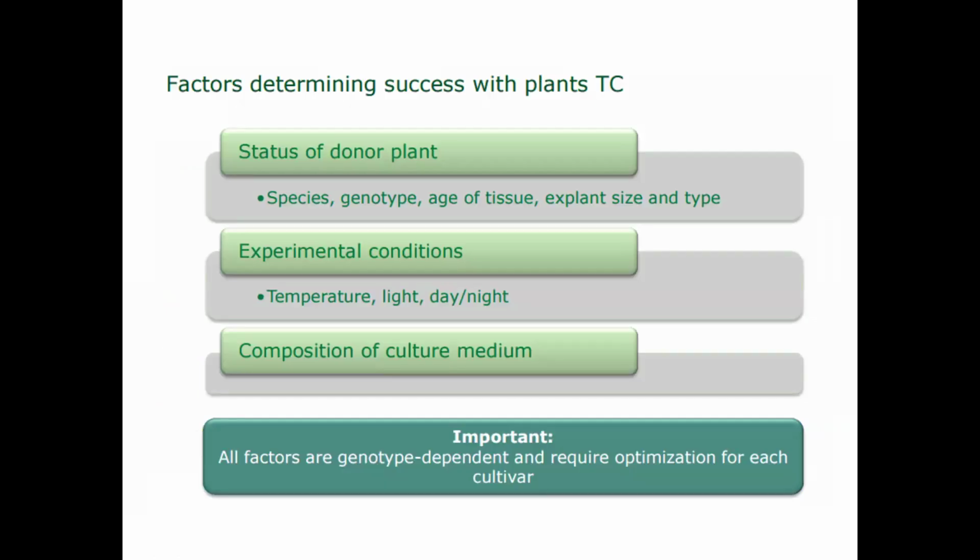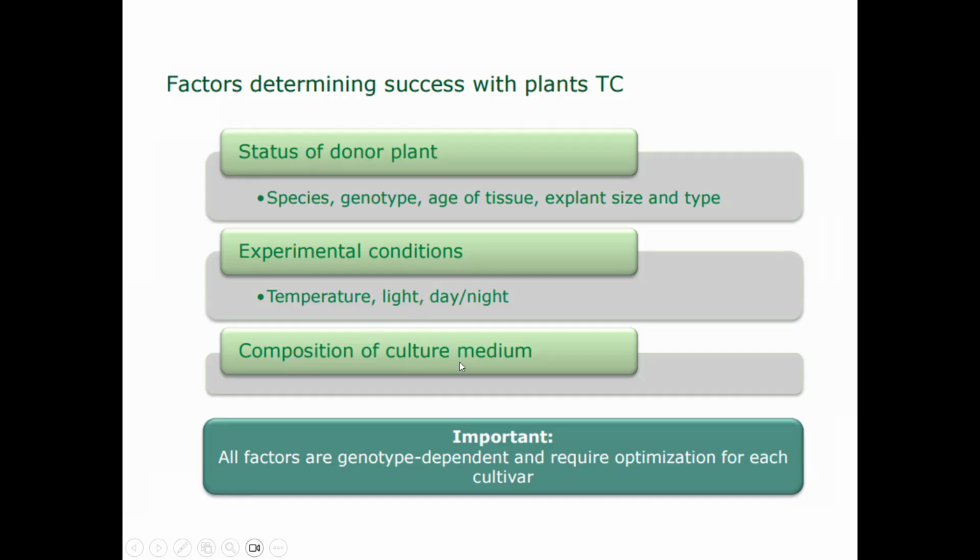Factors determining the success of tissue culture, this is very important. Status of donor plant, that is which genotype, which species, age of the plant tissue, explant size, type, they are the determinants of the success of the tissue culture. Experimental condition: temperature, light, and day and night light, how many hours in the growth chamber you are maintaining.